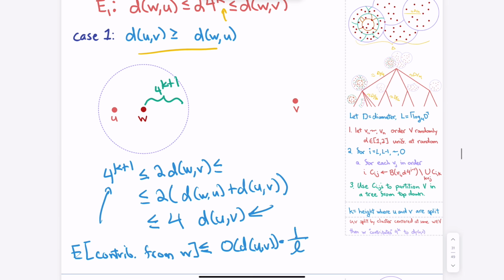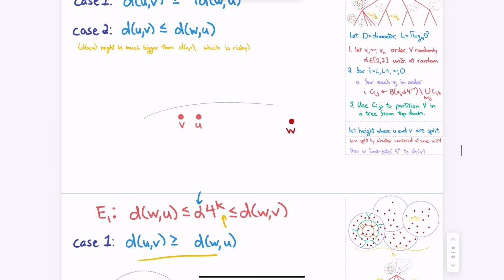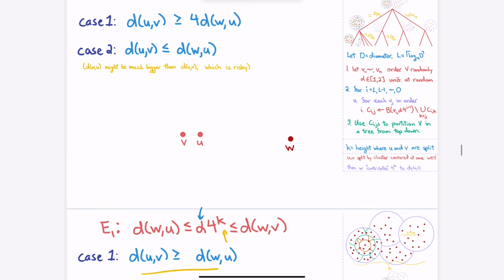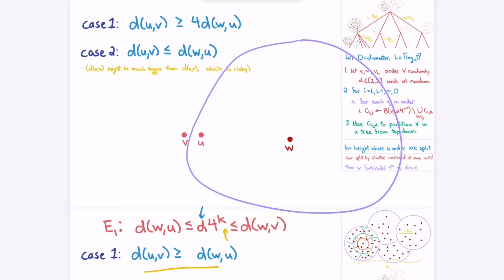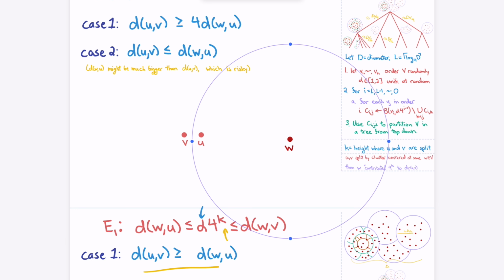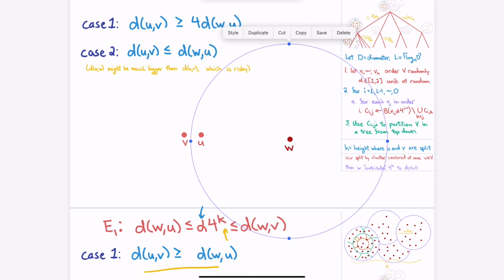We'll see. So the case that in my mind is a little bit more dangerous is something that looks like this. Okay. So in this case, what you're worried about is this ball, because W is very far away from U or V relative to the distance between U and V. So this picture is somewhat representative. You're worried about this ball, centered at W, cutting them apart.